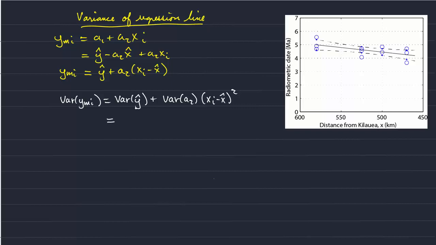And so we know the variance of the mean value of y is sigma squared, again, divided by n. And we know the variance of a2 is sigma squared divided by the sum of xi minus its mean squared, xi minus x hat squared.